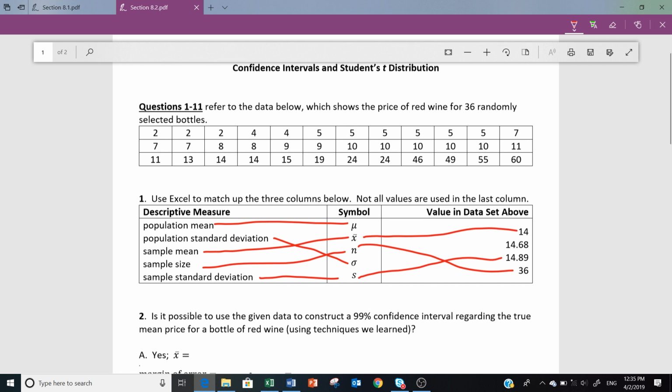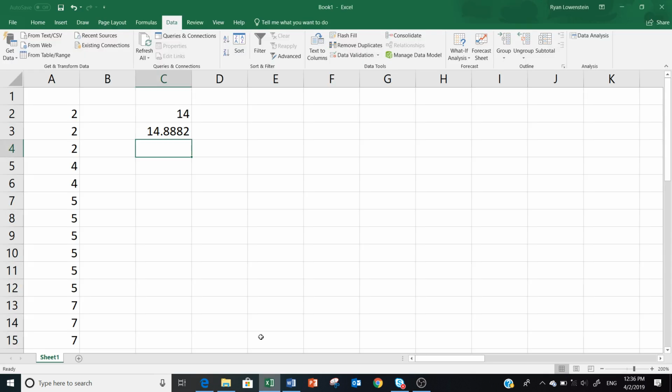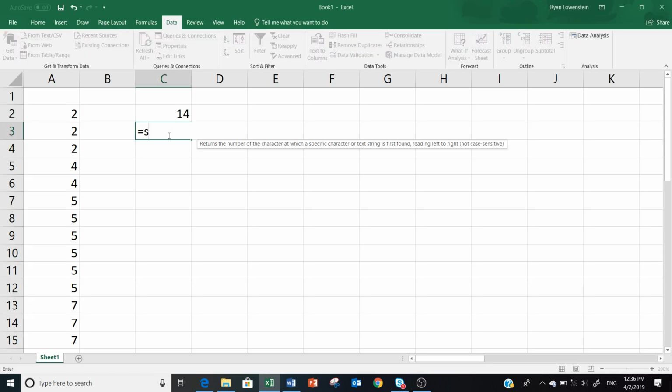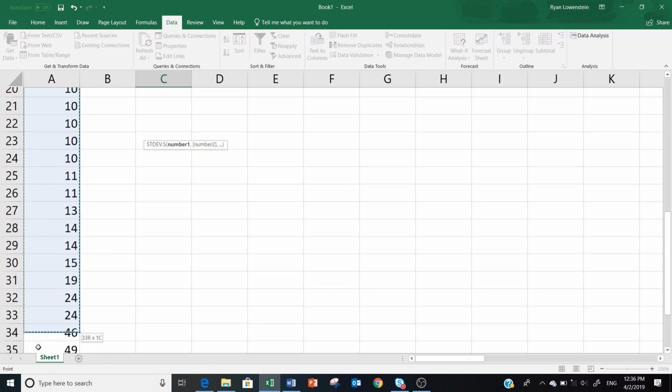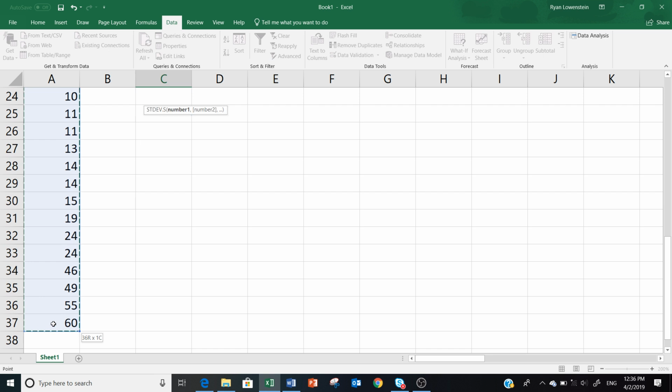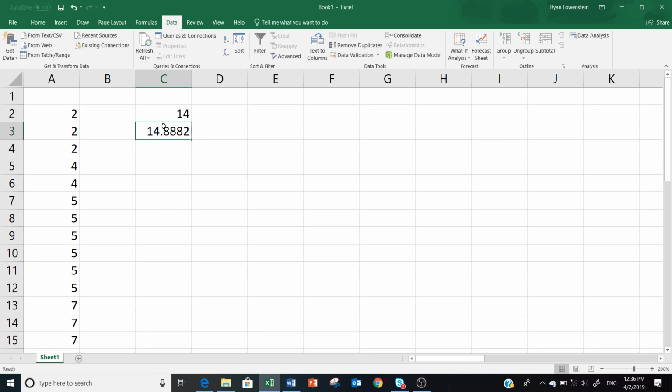I did equals stdev.s, and then I just highlighted all my data. When I did that, it gave me the 14.89. We don't have the population, so I can't do stdev.p. I can't do average of the population. I don't know those values.